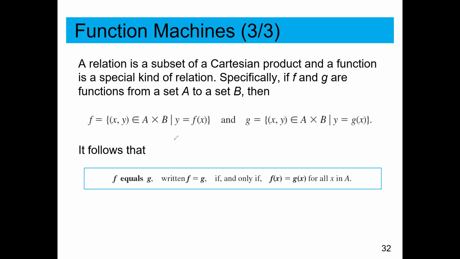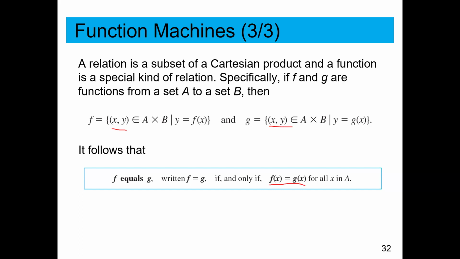So not all relations are functions. If f and g are both functions, in other words, they both give some set of ordered pairs, they're equal if when the inputs are the same, the outputs are exactly the same.